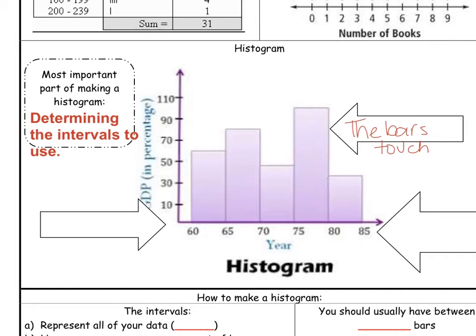So our x-axis right here is measuring quantitative data, and again, it's quantitative because we can measure it, not categorical. This is where we have intervals or ranges on the x-axis.